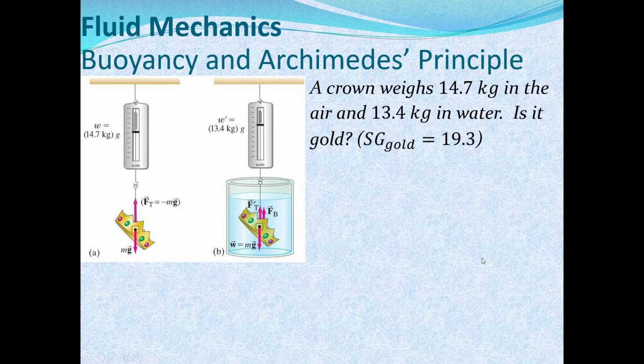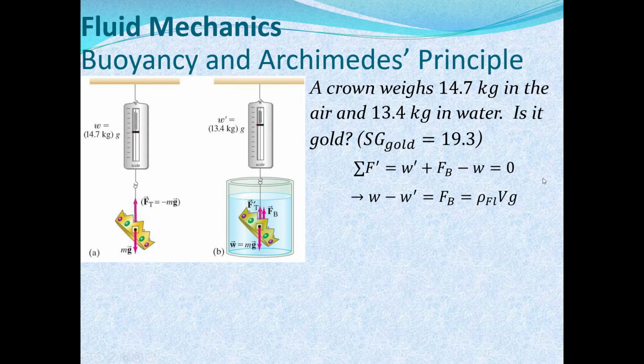All right. Now, the way we're going to do this is a little bit different, mainly because they tell me what the specific gravity of gold is. I want to figure out what this crown's specific gravity is. So from part B, we know that the scale reading, which is the force being pulled up, plus the buoyant force, is going to be equal to the weight pulling it down.